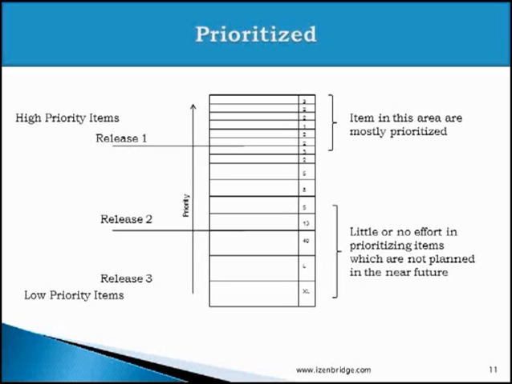So in general, product backlog is a prioritized list of functionality, but the functionality expected to be delivered in an upcoming release is prioritized well. The remaining functionality may remain at a gross level, because we should not spend much effort prioritizing items which are not expected to get scheduled for development in the near future.